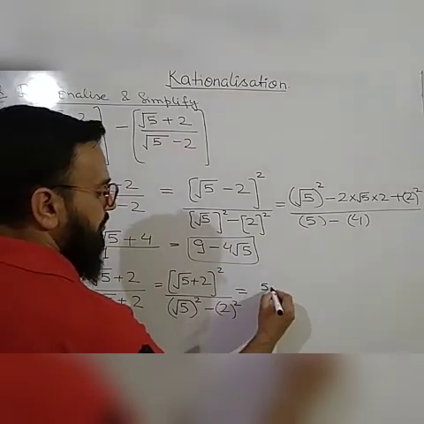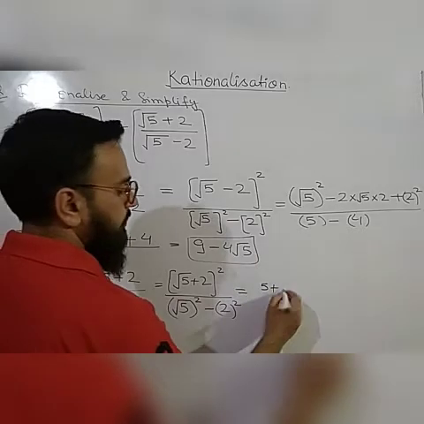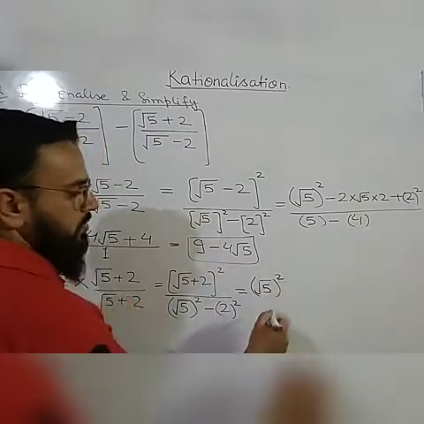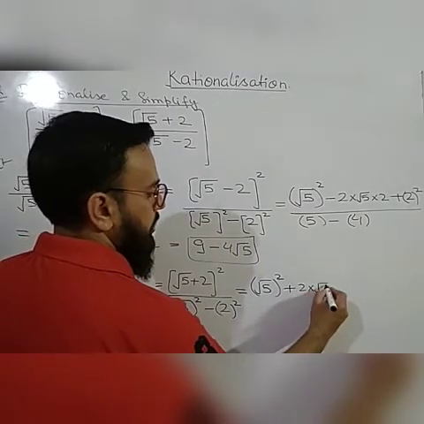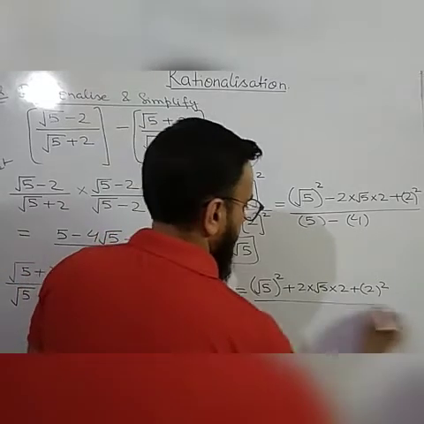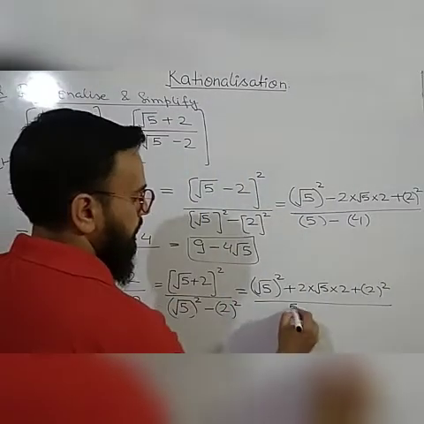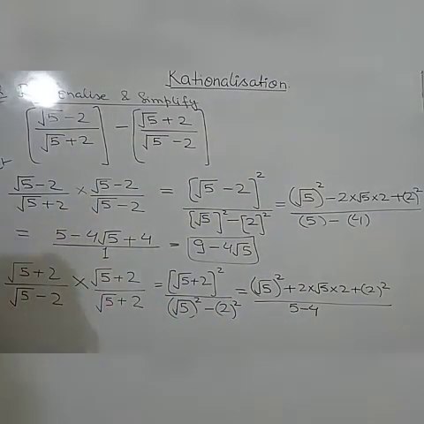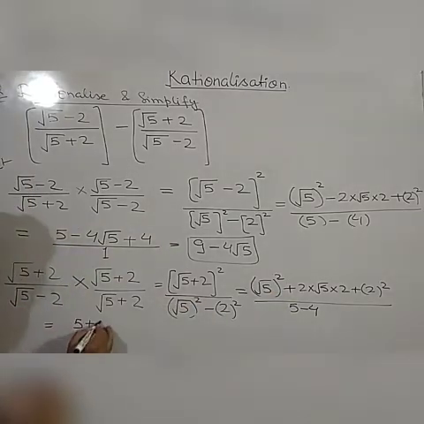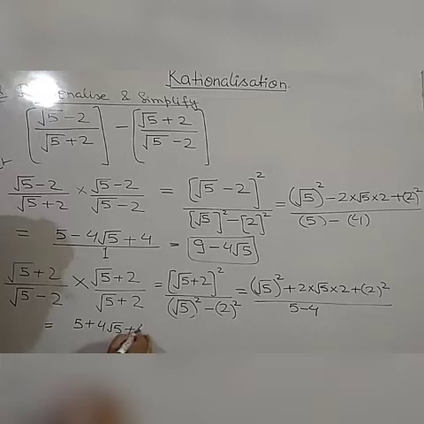Further expanding, root 5 square will be 5. First I write the numerator in the form of a plus b whole square, that is a square plus 2ab plus b square, and in the denominator it is 5 minus 4. Solving further, we get 5 plus 4 root 5 plus 4 upon 5 minus 4, which is 1.